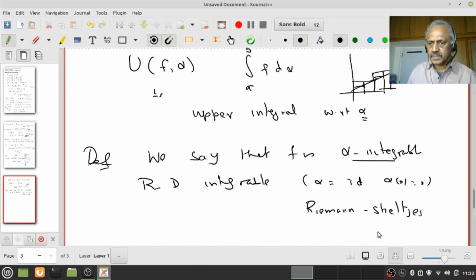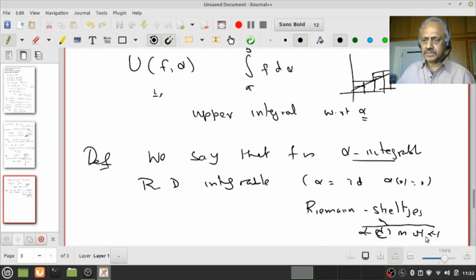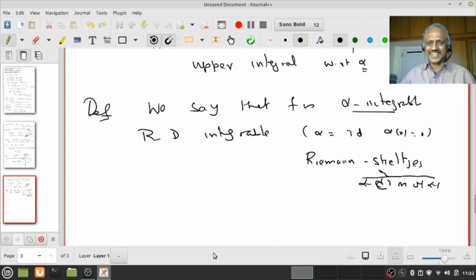Stieltjes is usually pronounced this way. I hope you know how to write it in Devanagari. Okay, our government should be proud of me.